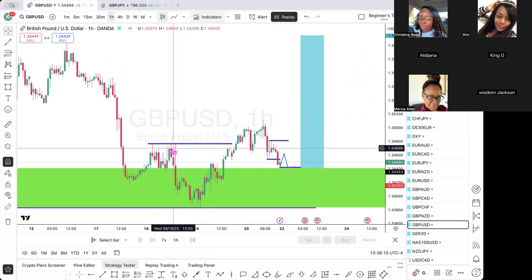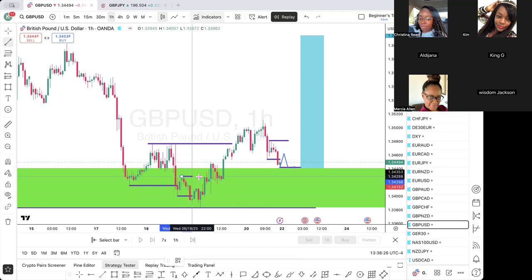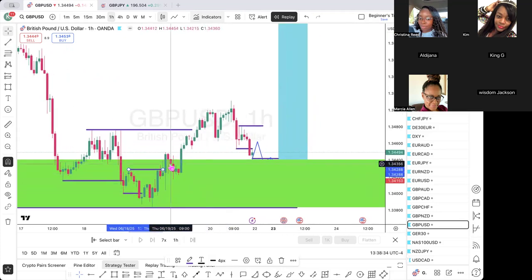So even on the 1 hour, even if I didn't go to the 15-minute, right? I had a break of structure here, this swing high, and then I had a break of structure here, and then this swing high. You see how this broke this structure here, right?